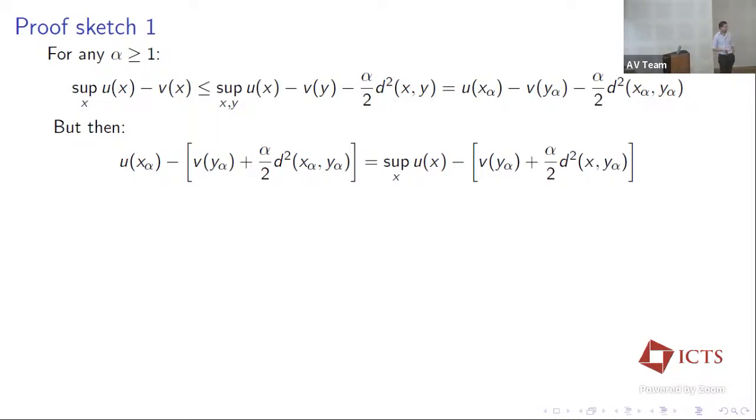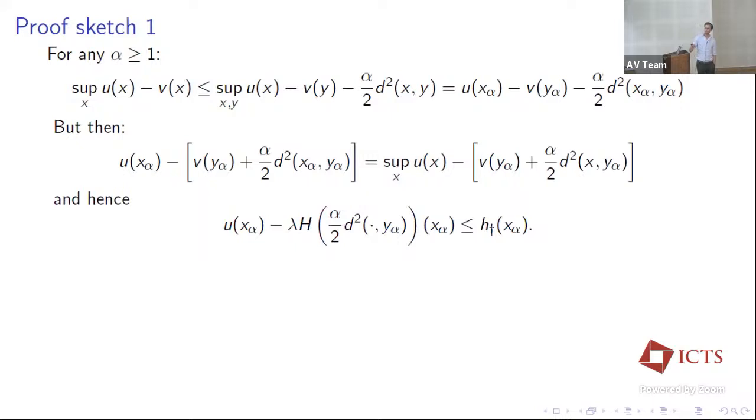But that's exactly the thing that I started with in the definition of a subsolution. So I get that u of x alpha minus lambda of h applied to this function. Actually, I should also add the v of y alpha, but that's a constant, so that is going to disappear. This is upper bounded by h dagger of x alpha. That's what I get.